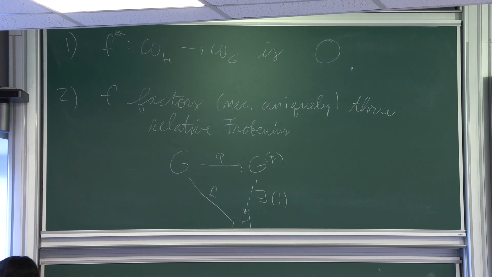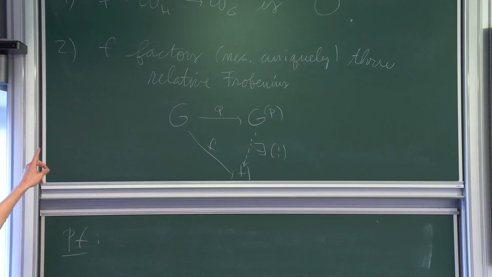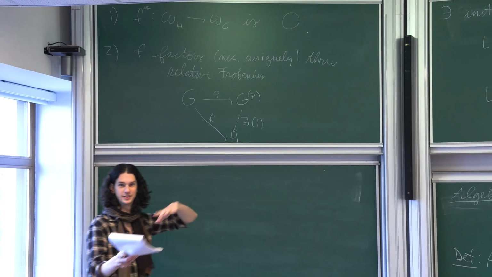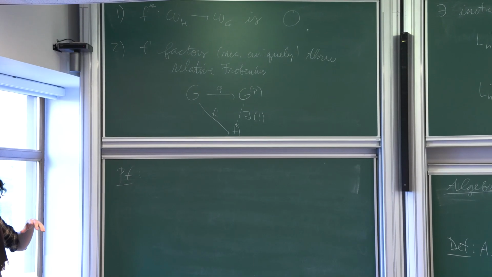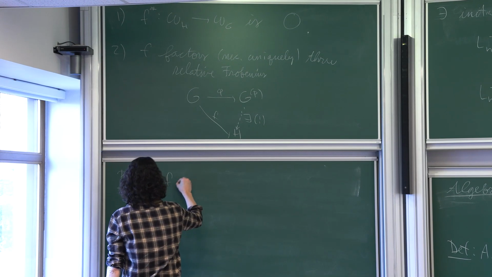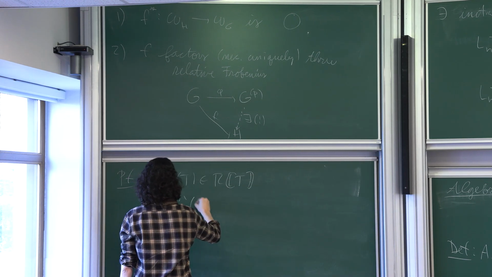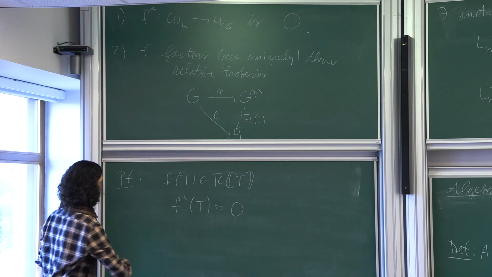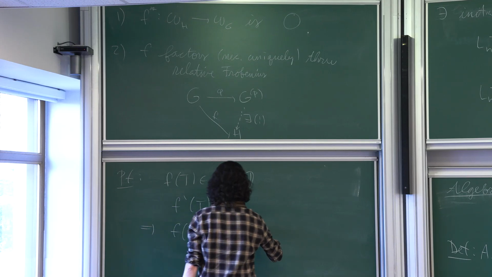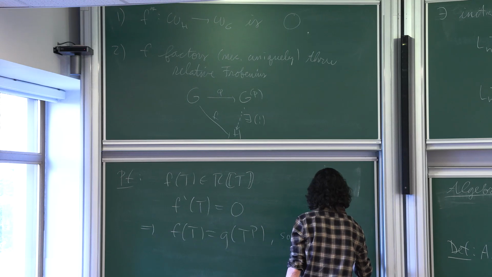Let me just give a sketch of the proof. If you vanish on the cotangent space at the origin, but you're also a homomorphism, you can shift that around and you get that you vanish on the cotangent space everywhere. So basically you're a function whose derivative is identically 0. If you have f(t) in R[[t]] such that f'(t) is identically 0, then f(t) is equal to g(t)^p for some unique g in R[[t]].